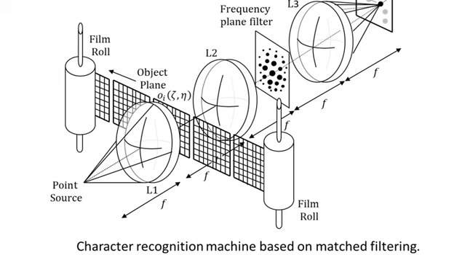So the object should be presented to this machine in the same size and in the same orientation. The only provision that we have is that the object placement could be slightly different with respect to L1. But the object should be completely illuminated by the lens L1.